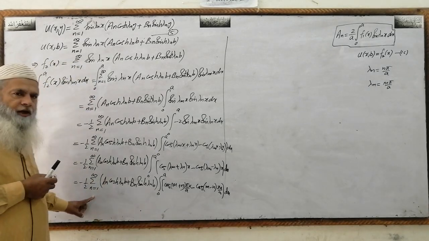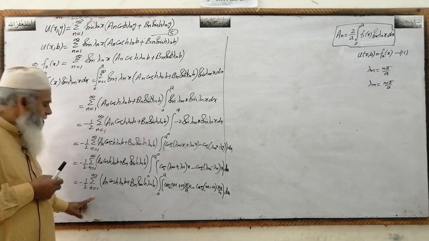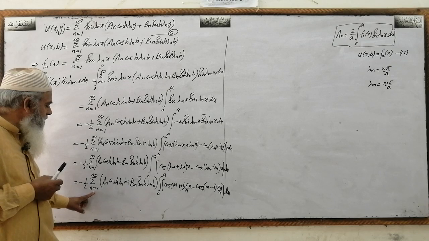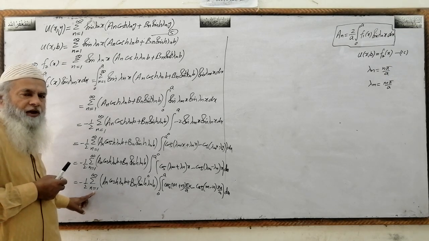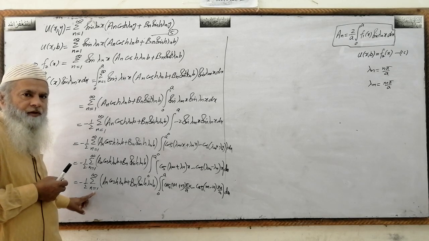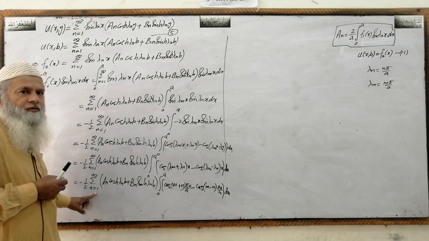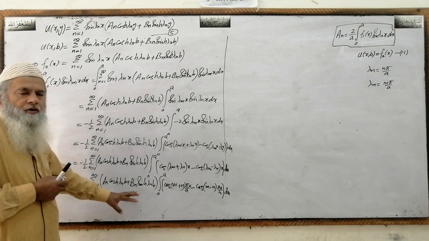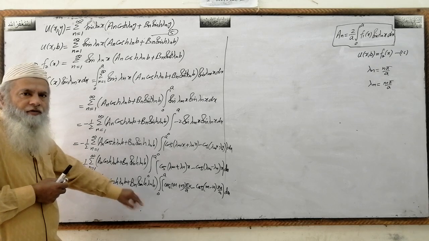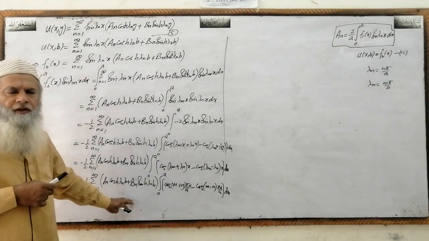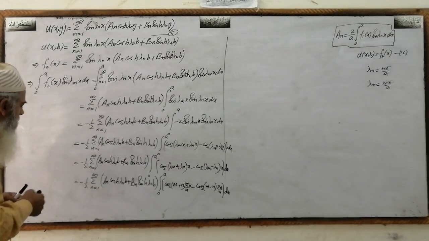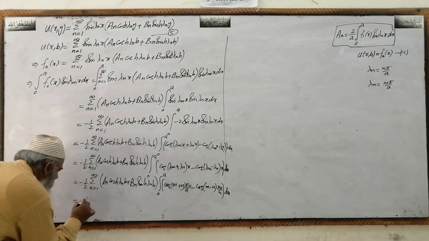While changing the values of n from 1 to infinity, we get one value equal to m. At that value, we will get a non-zero value of the integral, because I have told you earlier in finding the constant a n, therefore I proceed further.